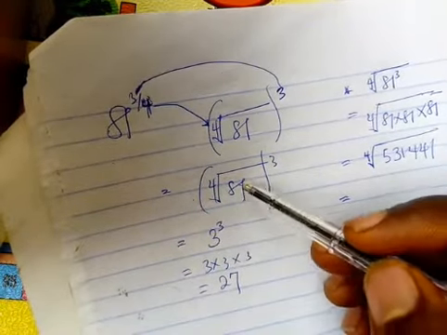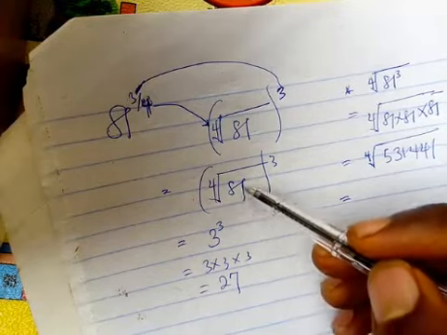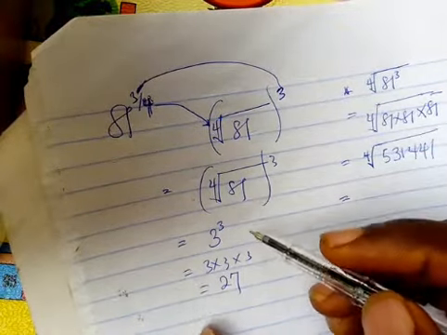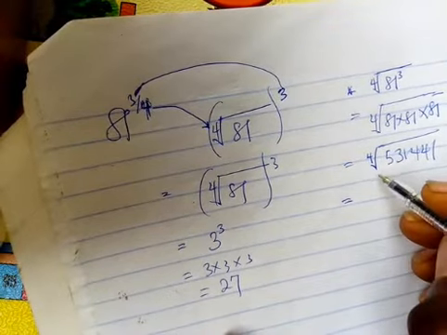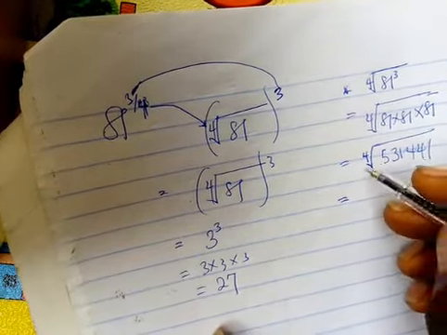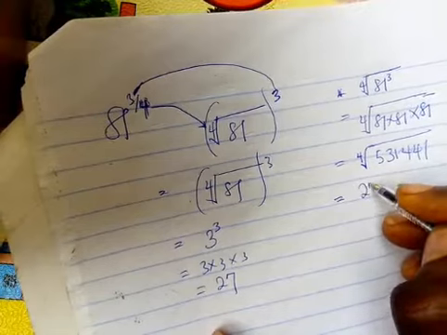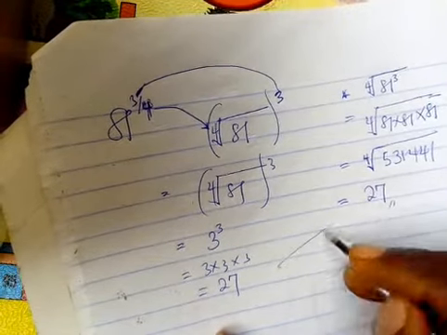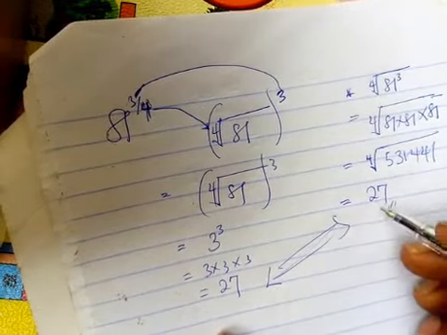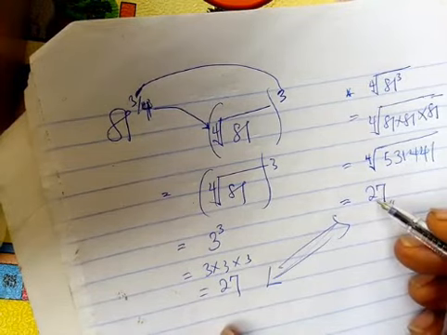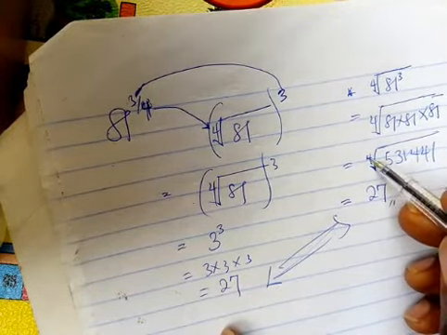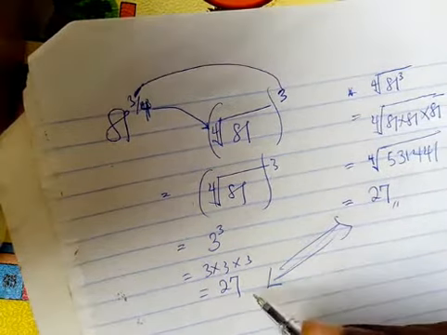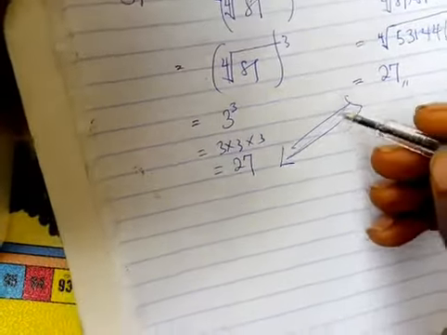You first of all look for the root of the number, and then you find the power of it. If you use your calculator, the answer you have is 27. You can see you have the same answer here. If you multiply 27 into 4 places, you will get this number here.